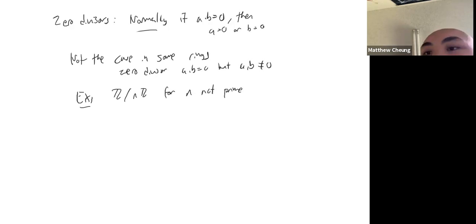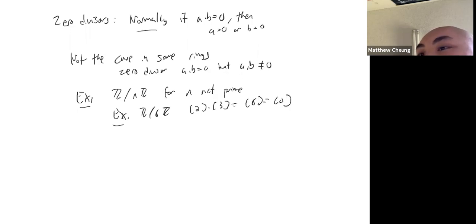For example Z mod 6Z: 2 times 3 is 6, which is 0, but these two are not 0. Like 4 times 3 is 12, which is 0, because it's divisible by 6.